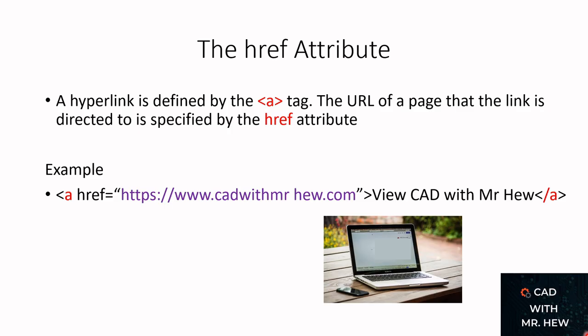A hyperlink is defined by the left angle bracket, then we have the letter A, and then a right angle bracket tag. This is called the anchor tag. The URL of a page that the link is directed to is specified by the href attribute.